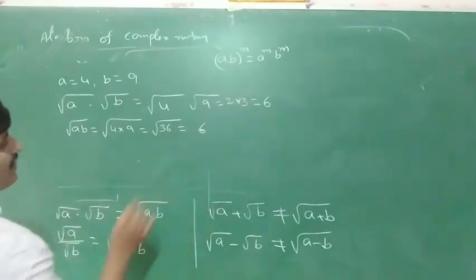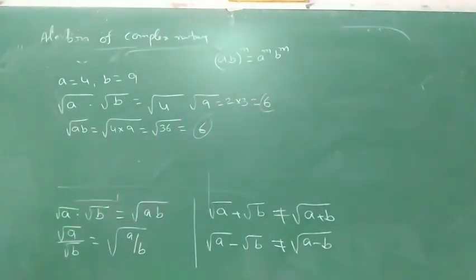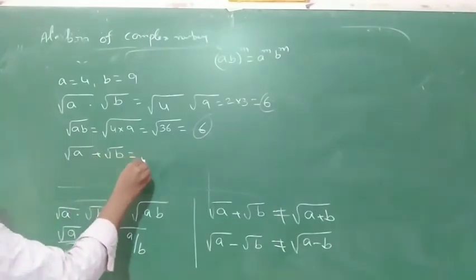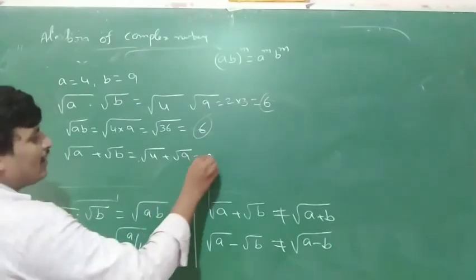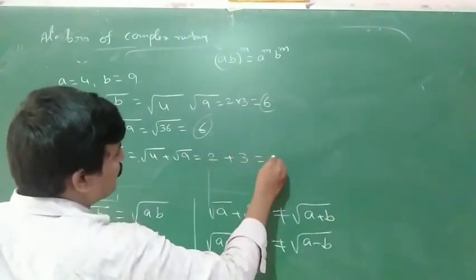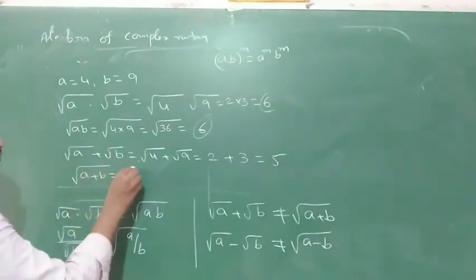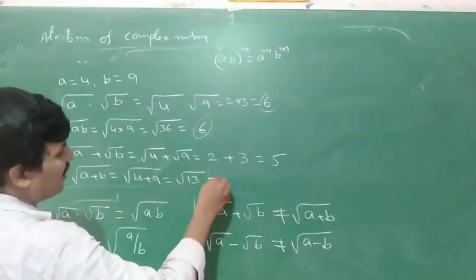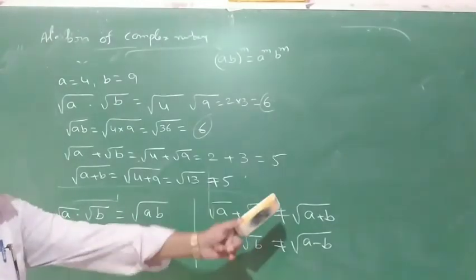So root a into root b is equal to root of a into b. Now root a plus root b is equal to root 4 plus root 9. Root 4 value 2, root 9 value 3, is equal to 5. So root of a plus b is equal to root of 4 plus 9, that is equal to root 13, which is not equal to 5. Root 13 is an exact root. So root a plus root b is not equal to root of a plus b.